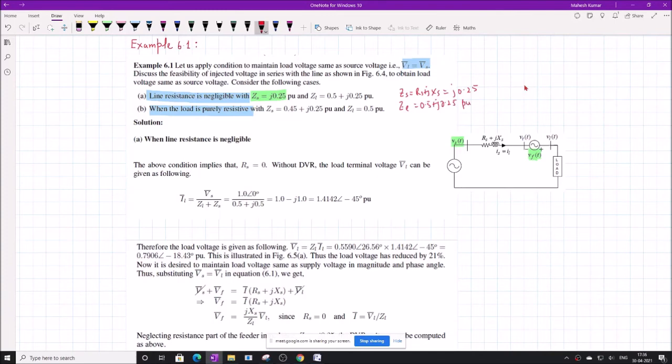All are in per unit, so do not bother about the absolute values. And in the second case, we are considering that Zs is equal to 0.45 plus j0.25. It means Rs is not equal to 0. So Rs is 0.45 and Zl is equal to 0.5 per unit, that is XL is equal to 0. There are some specific conditions. It basically means that Zl is a purely resistive load.